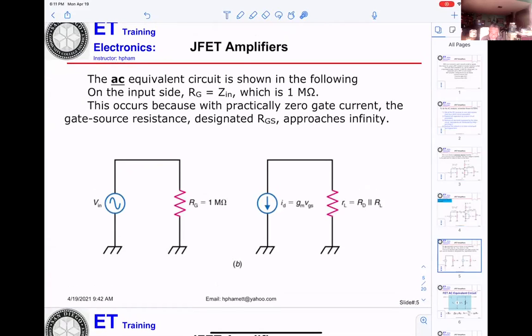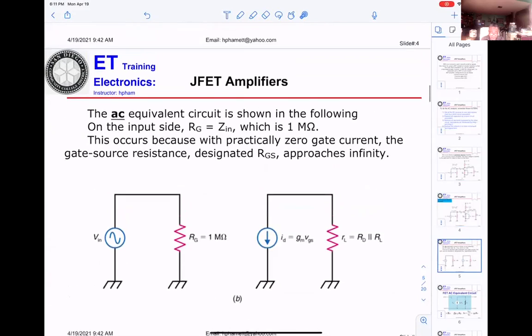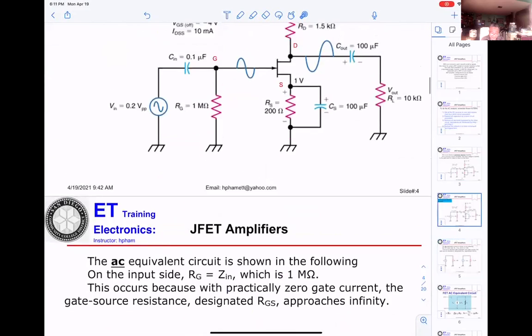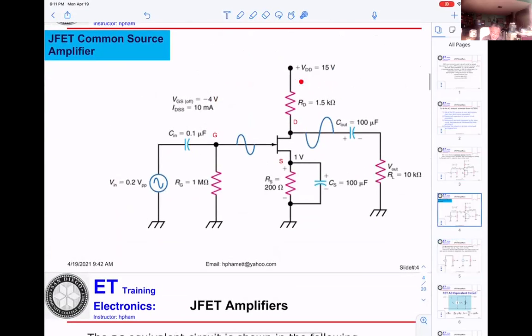On the other side, from the drain, you get the current ID going: ID equal to GM times VGS. And also on this side here, first thing, VDD has to be grounded. They have to be grounded here.